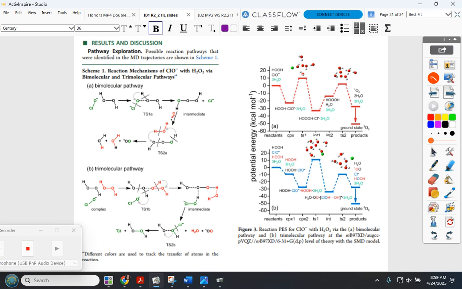So this is a great way to set up an experimental study, because you're not saying, is it bimolecular, is it trimolecular? You're saying, which of these two theories matches what we see when we do these experiments?